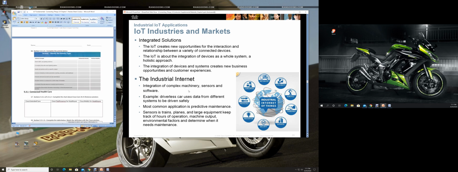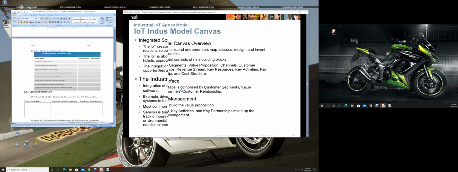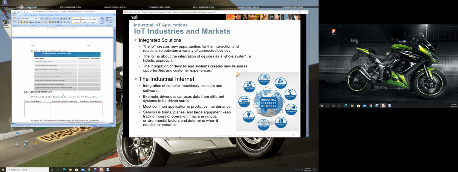And really, those are the main concepts in this particular chapter. It's just kind of distinguishing between horizontal, vertical, what we mean by an integrated solution, and how sensors might be more than one sensor that's going to connect.